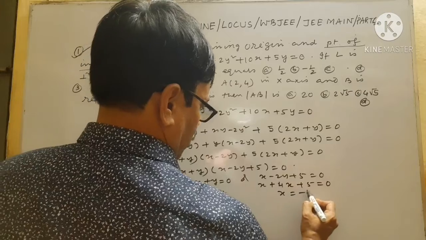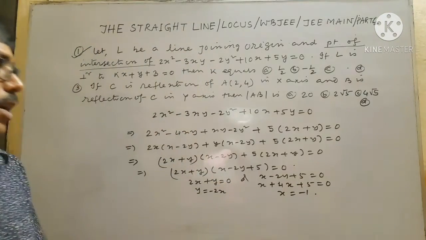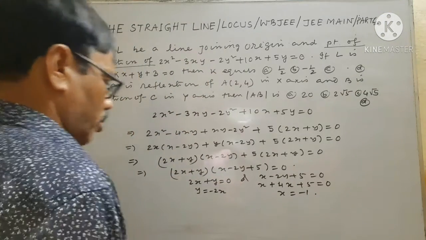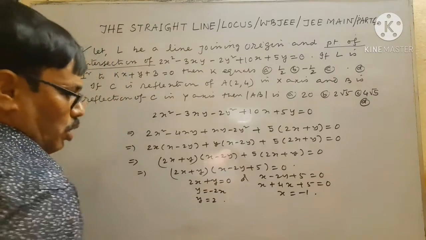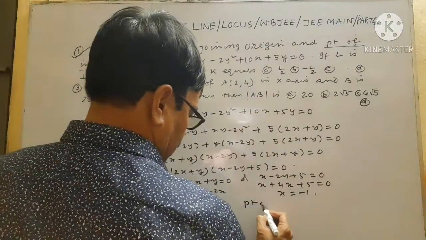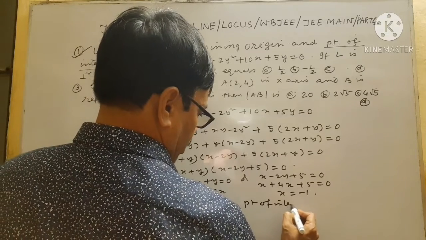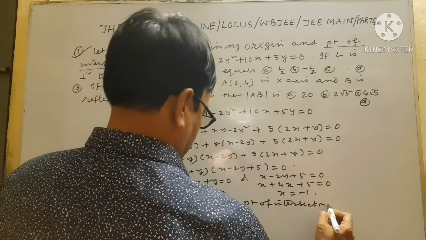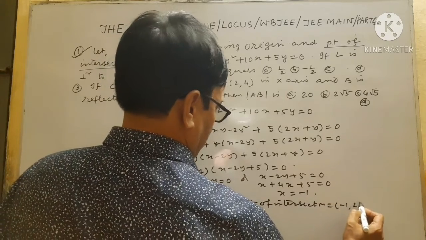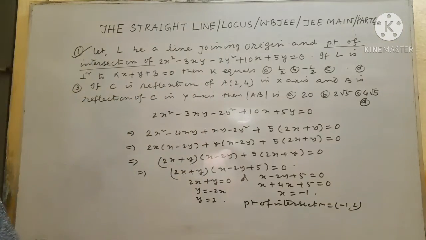So x equals to minus 1. So what is y? y equals to 2. So the point of intersection is minus 1, 2.